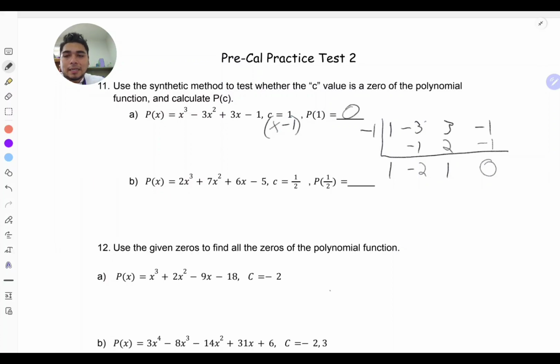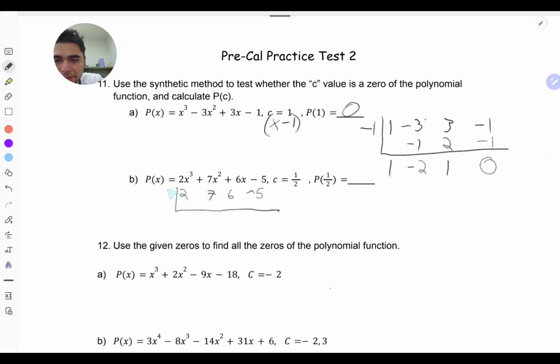So, continuing on to the second part of this problem, we are left with c of 1/2, which means that our coefficients for this first big one is 2, 7, 6, and negative 5. Okay? Now that we have those coefficients, our leading coefficient on the outside is not just 1/2, it's actually negative 1/2.